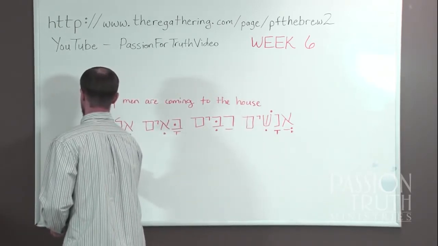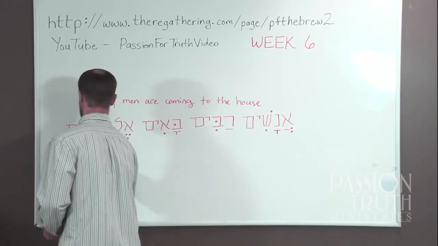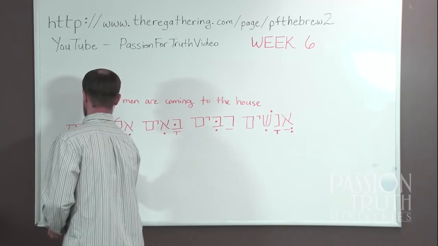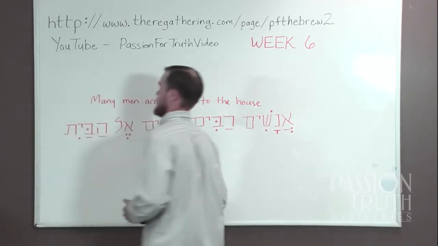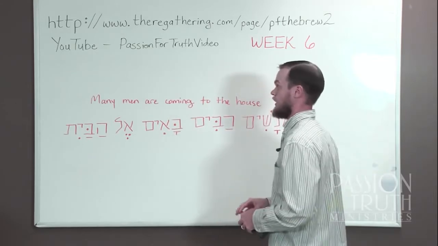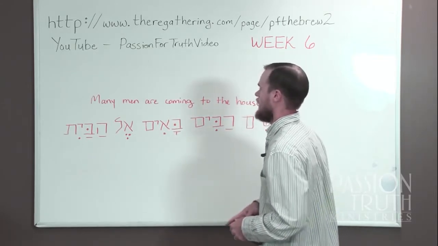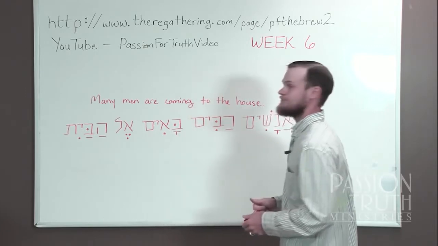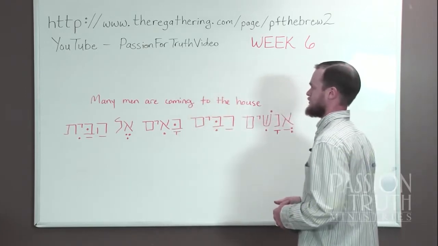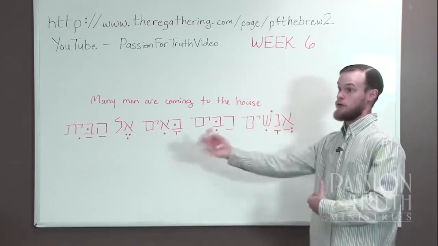They're only coming to one house, so Bayit will be in the singular. But yes, if they were coming to a collection of houses, they'd be coming to Habatim. Going might be a better... well, coming if we're at the house. If we're at the house, then they're coming.